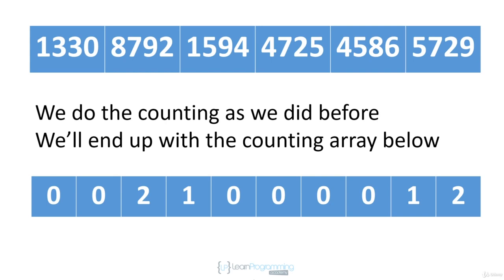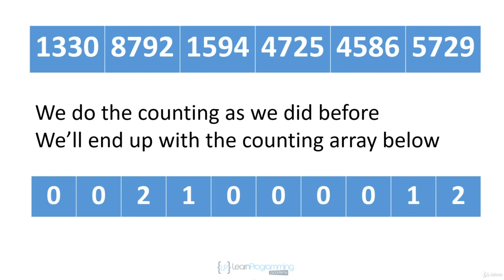So our counting array is what you see in the bottom, 0021, 000012. That tells us we have two values with 2 in the tens position, one value with 3, one value with 8, and two values with 9 in the tens position. That's all fine and dandy, but how are we going to write these values back?